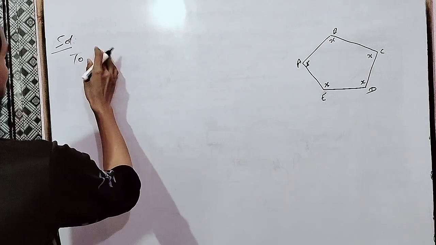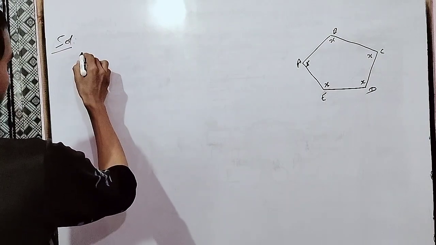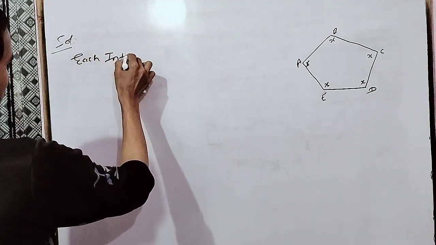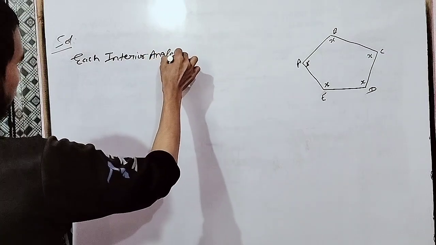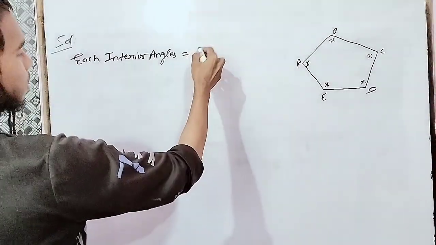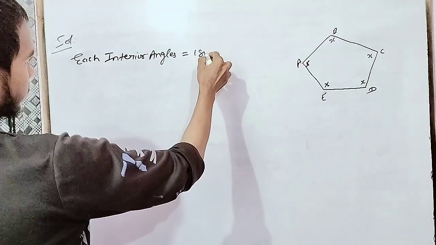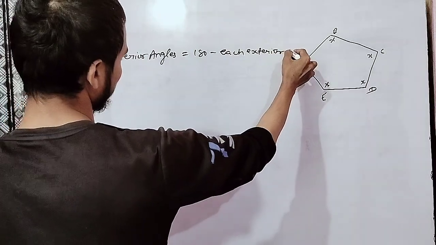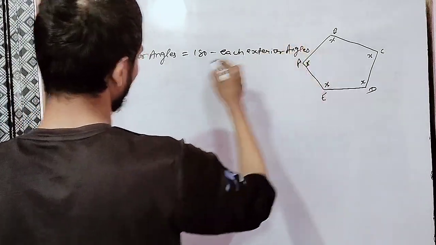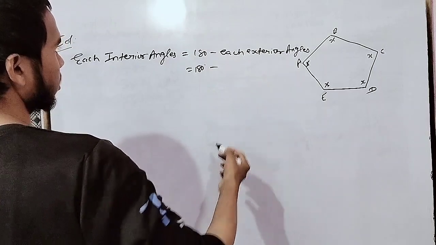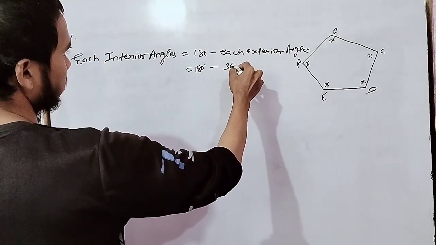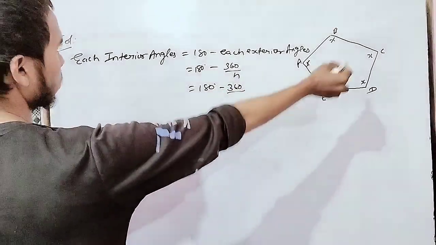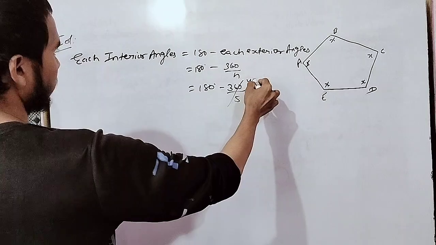So in each interior angle, how is it possible? Just 180 minus each exterior angle. Okay, 180 minus, it means 360 upon n. 180 minus 360 upon n. How much? 1, 2, 3, 4, 5.